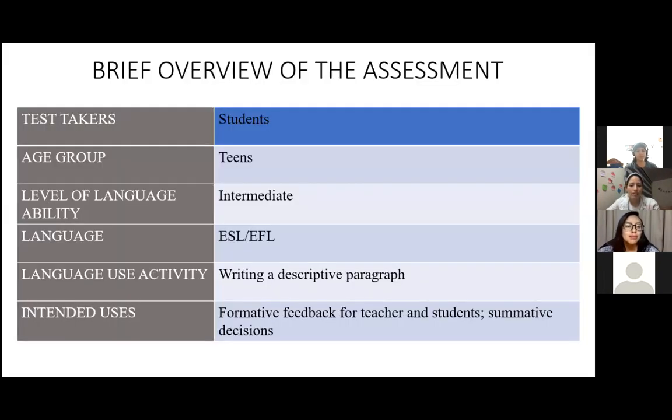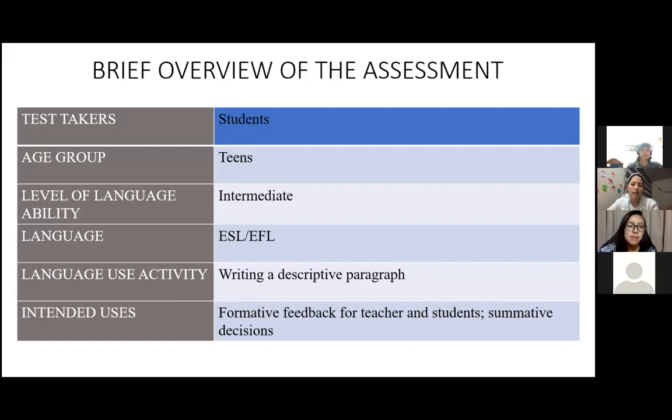Now, before proposing the activity in the classroom, we need to organize the needed elements to set the activity on good tracks. As you can see in the chart, we have 6 main elements. The first one is test takers, which corresponds to our students. The second one, age group.